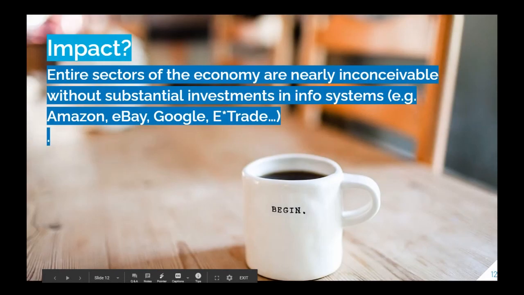Okay, so next, impact. This is what I mentioned earlier. The entire sectors of the economy are nearly inconceivable without substantial investment in information systems. Okay, so of course, those are just examples of the big companies, but there are so many companies. There is a growing interdependence between a firm's ability to use information technology and its ability to implement corporate strategies and achieve corporate goals.